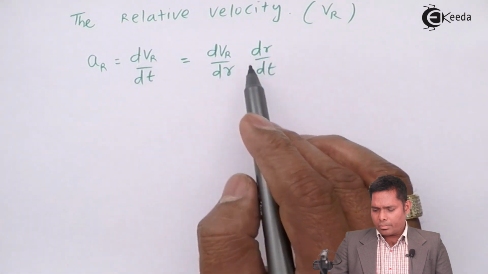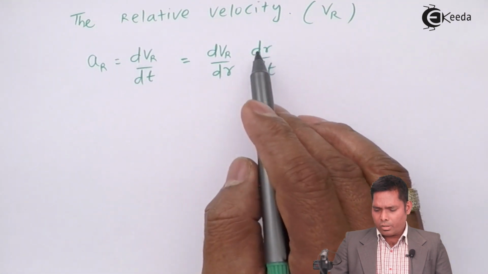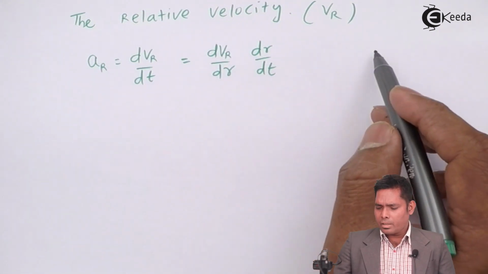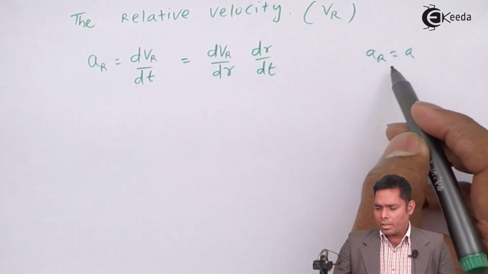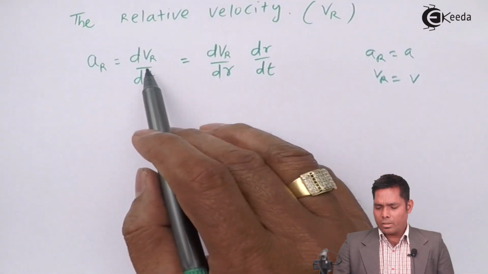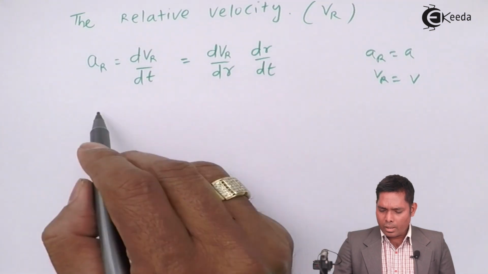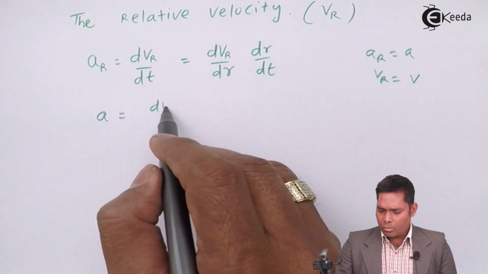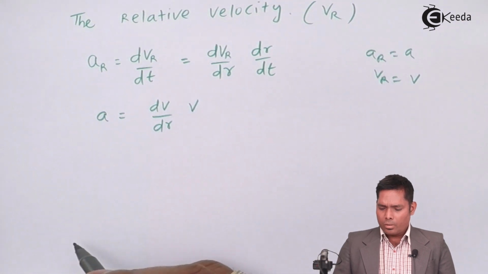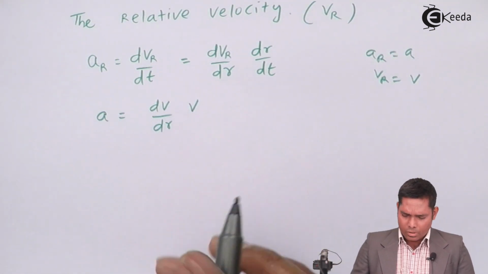Acceleration can also be written this way. Instead of Vr and Ar, I'll just write a and v, because there is no need to always write the subscript. So a is dv over dr, and dr over dt is again v.